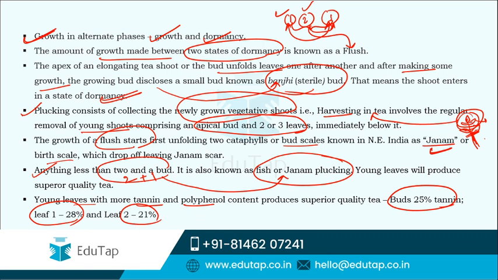So these two leaves and the bud play a major role in deciding whether it's a fine tea or low grade tea. The more leaves plucked along with the bud, the more the quality degrades. So this is how tea plantations work, and they have to do this regularly.